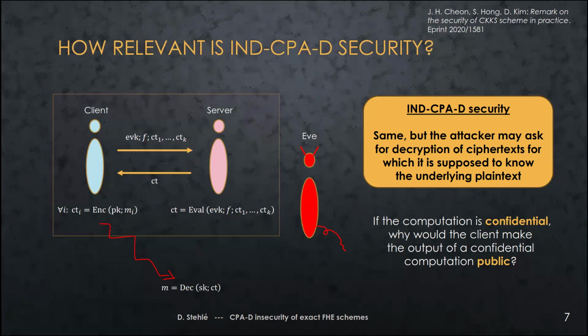If your inputs were very confidential and you wanted the computation to happen in a confidential way, and you are okay to pay for the cost of FHE to do it, why would you make the output public? I think it's a non-trivial question.